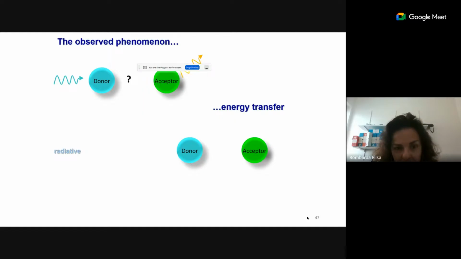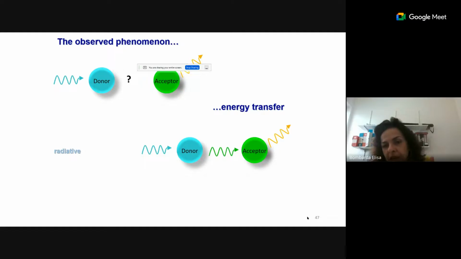That means that we can imagine that the donor is excited, then it emits, and the wavelength emitted by the donor is absorbed by the acceptor, which is excited, and so it can emit. That's one thing one would consider. But it can also be non-radiative.